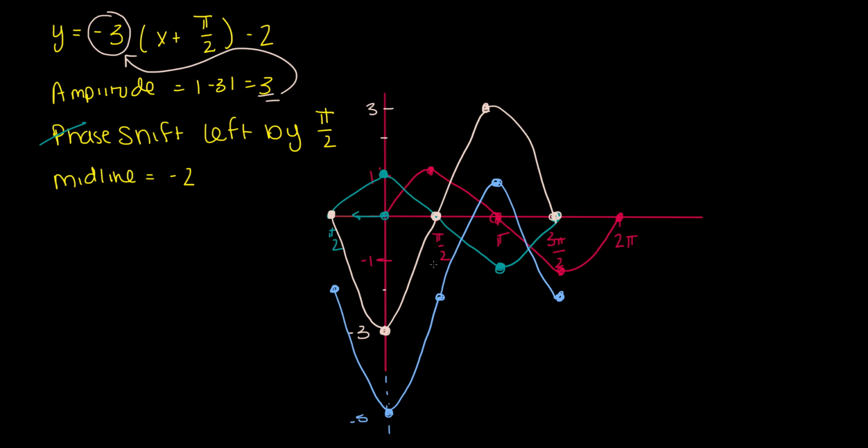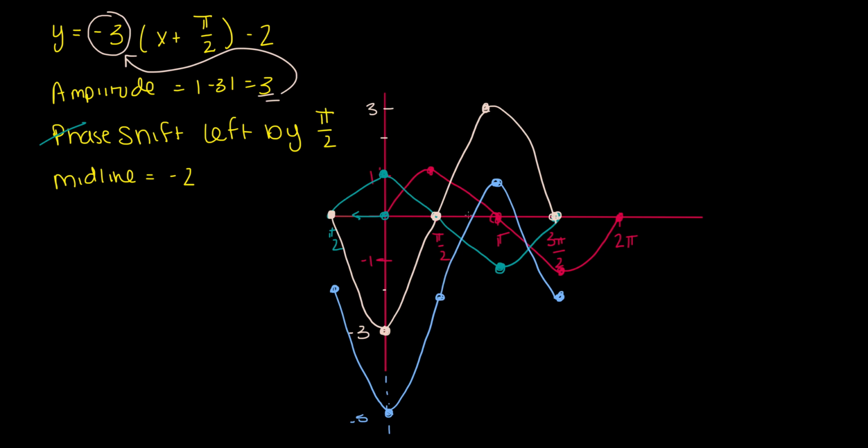All right, so notice that the combined effects of the reflection and the phase shift produce a graph that could be interpreted as a sine graph without a reflection and with a phase shift of pi/2 units right. So if I look here, it looks like a sine graph just moved over pi/2.